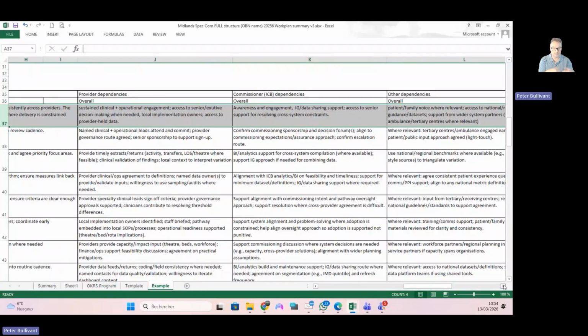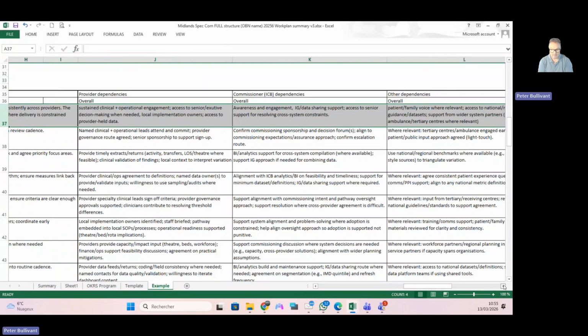Provider dependencies: what do you need providers to do? We're not necessarily looking for all boxes to be filled for all lines. You may not need key provider elements for key stages, but if you want things to have an impact at provider level, then providers are going to need to be aware, be engaged, and sign off.